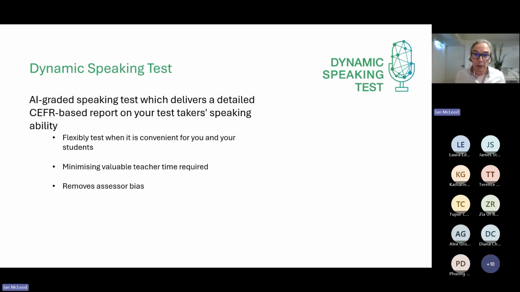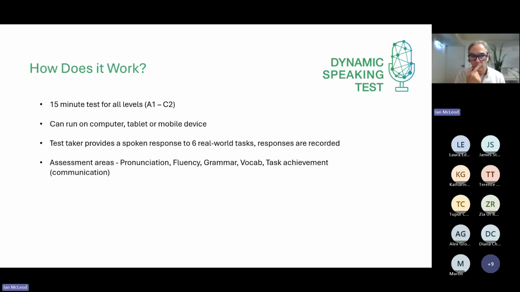The advantage of the dynamic placement test is it's flexible. You really can run it online at any time that suits you or the student, and you're going to remove a lot of that teacher time and administrator time that's involved in running those tests, and potentially remove that assessor bias as well.